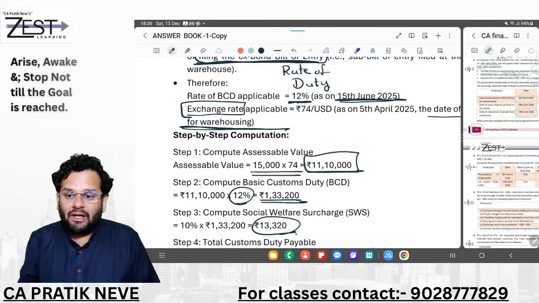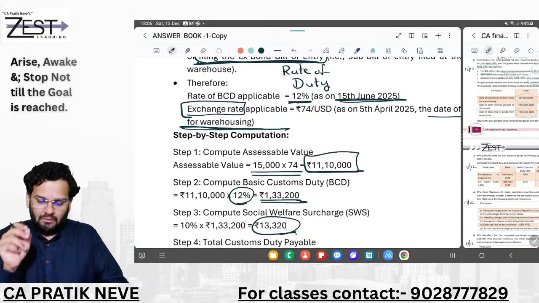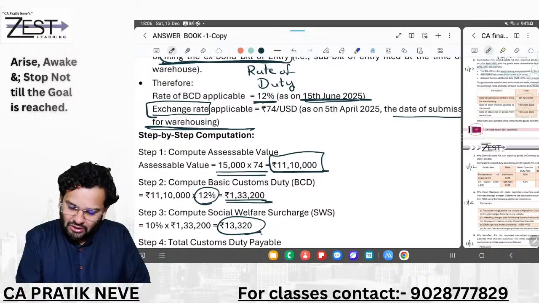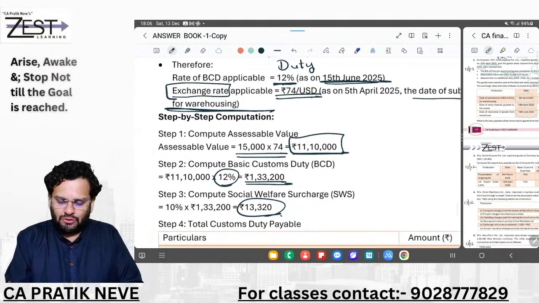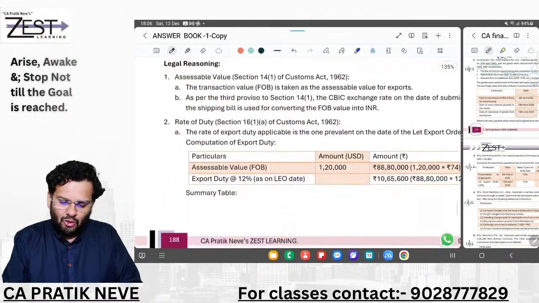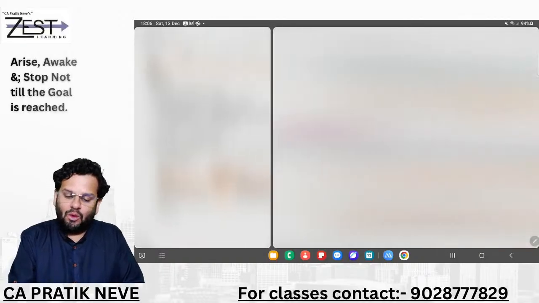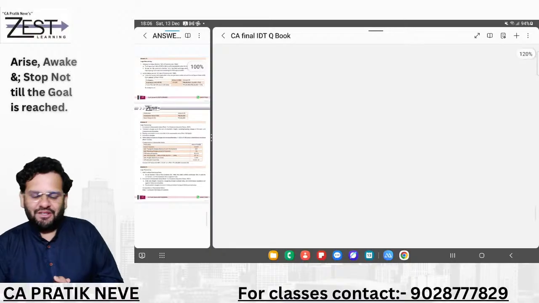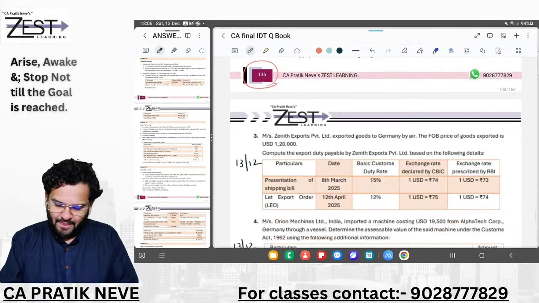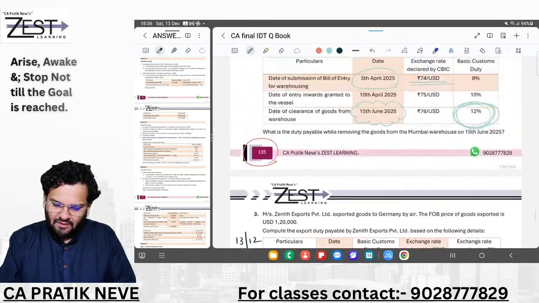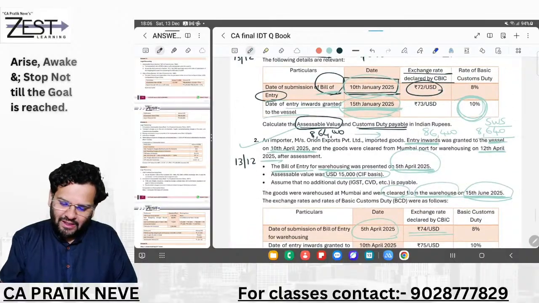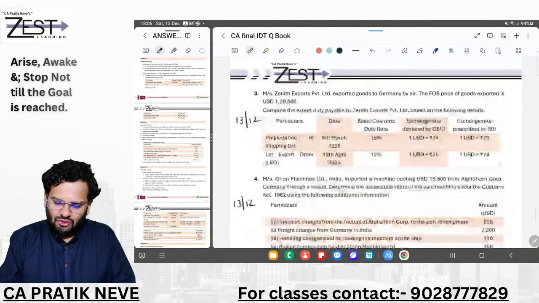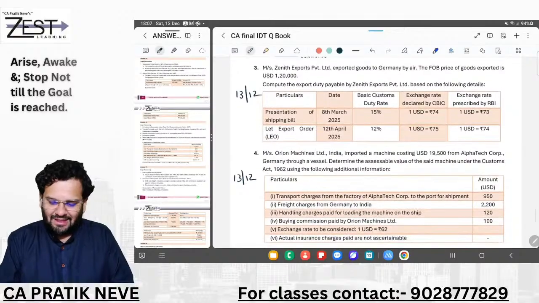That is also called the into-bond bill of entry. So as on that date, it is 74. So that's why you have done this type of working. Is it clear? Shall we go ahead? Next. So your fundamentals are going to get clear with these questions. So I thought I should do them in detail.